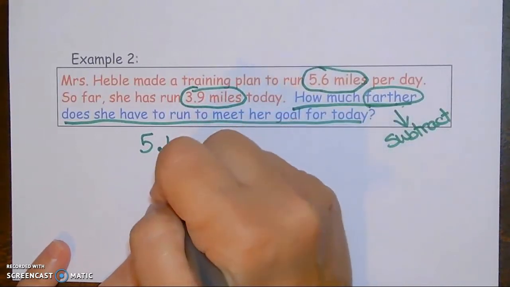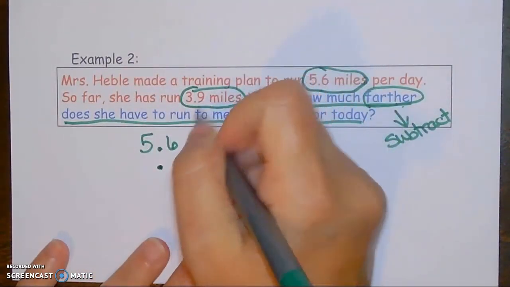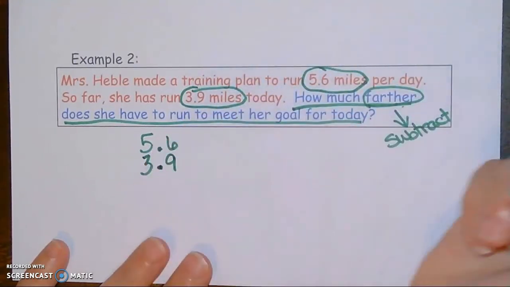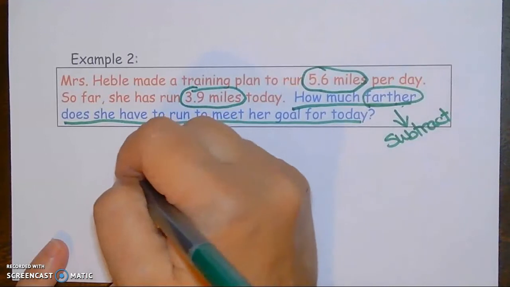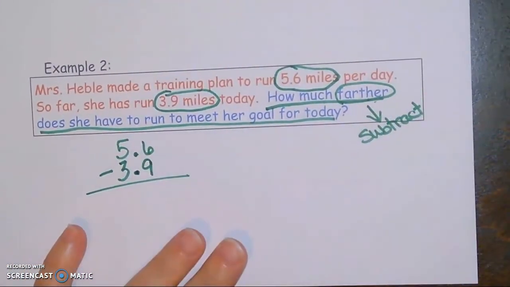So again, you're going to put your decimal right there so that it is lined up. And then you're just going to plug in the 9, plug in the 3. And since I know we're subtracting, I am ready to subtract.